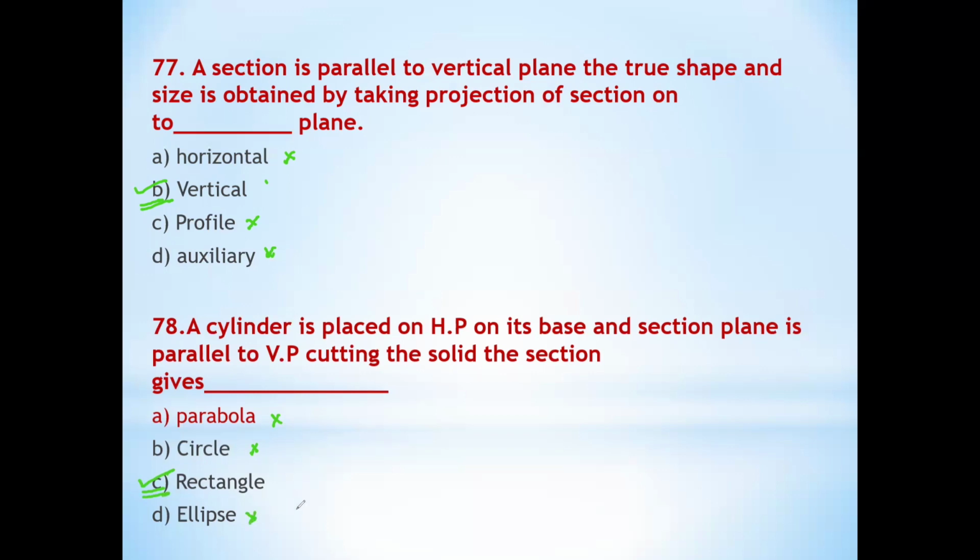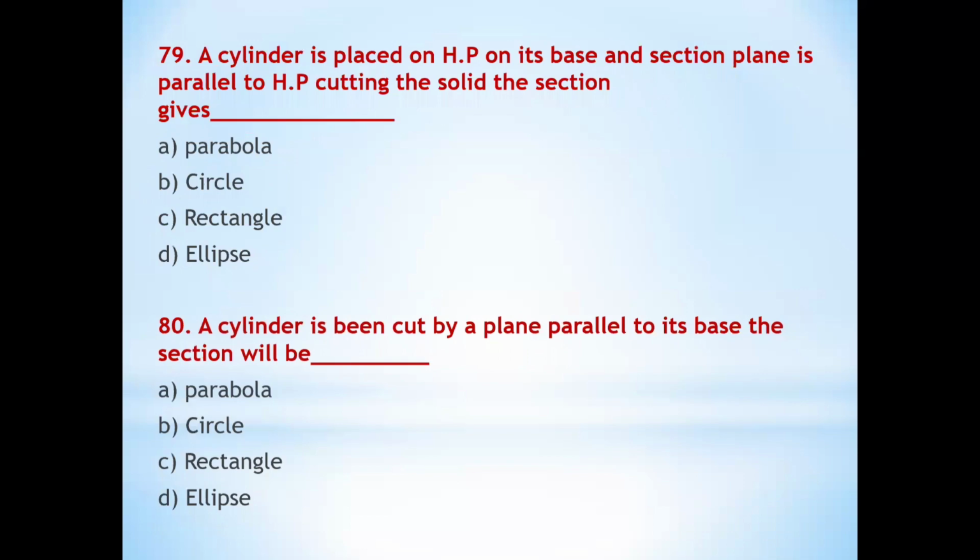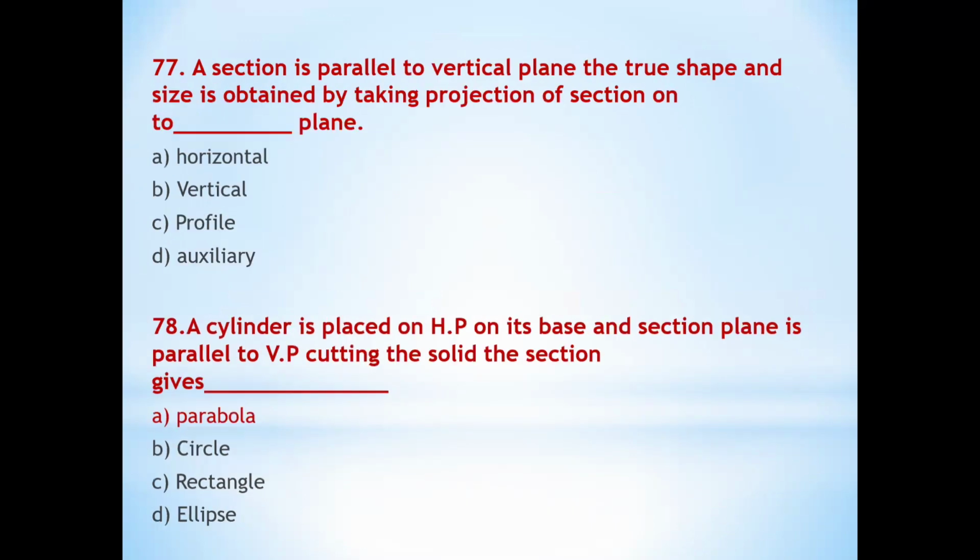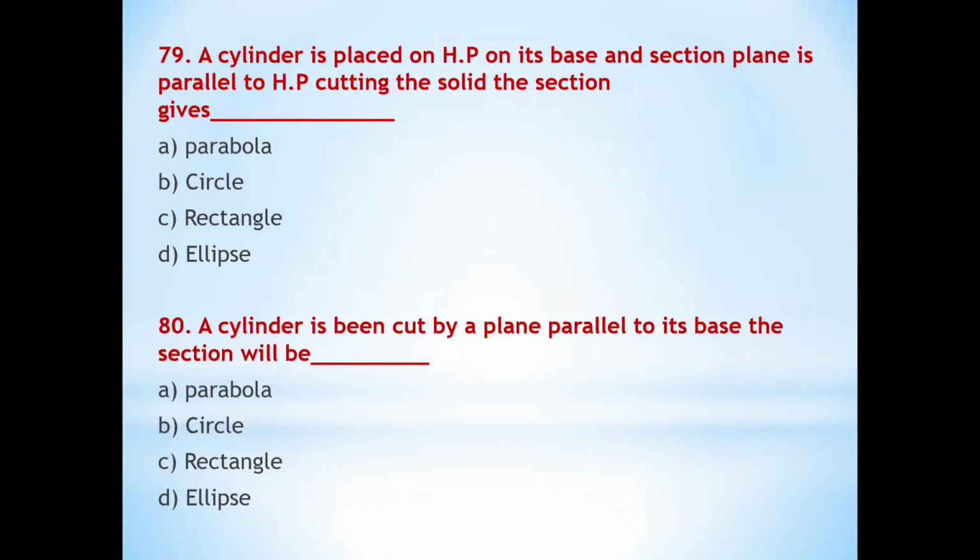So here option C is correct, not D. Okay, so we'll see the next one. A cylinder is placed on HP on its base and section plane is parallel to HP, cutting the solid. The section gives. So the same question is there, but in this case the section plane is parallel to the HP, whereas in the previous one it was parallel to the VP.